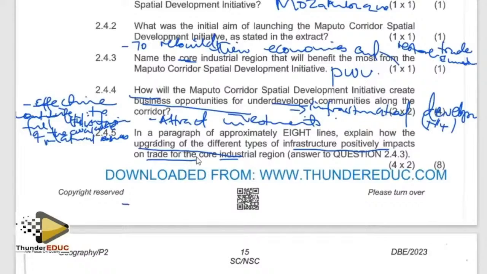Okay, it will positively impact on trade in one way or the other. Number one, it will improve accessibility. If the roads are upgraded and infrastructure is well built, the area will be easily accessed.